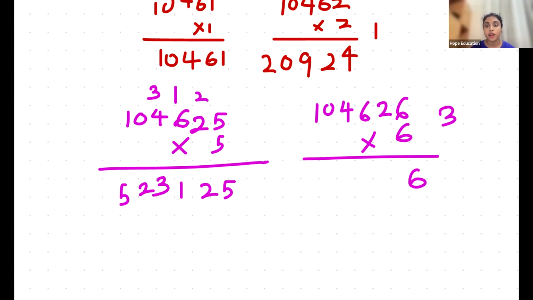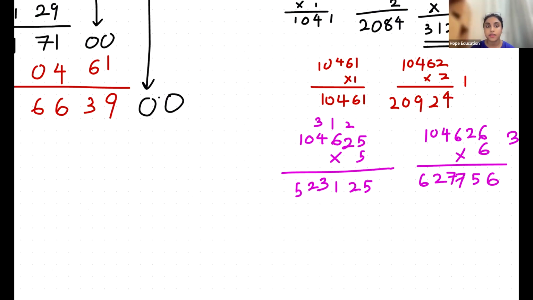I put 5 here, 1 remaining. 6 times 6 is 36 plus 1 is 37. 3 remaining. 6 times 4 is 24, 25, 26, 27. 6 times 1 is 6. So I have 627,756. That seems closer, no?